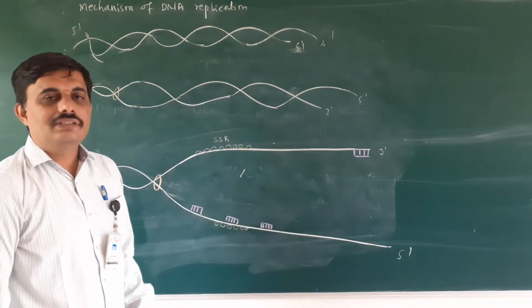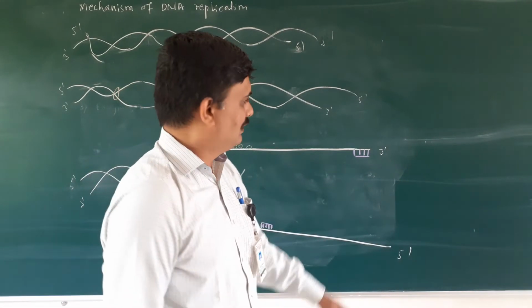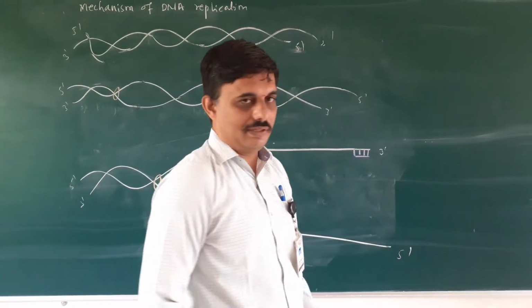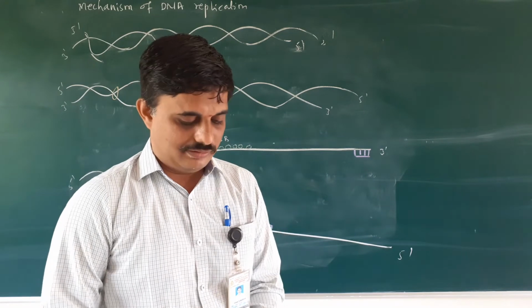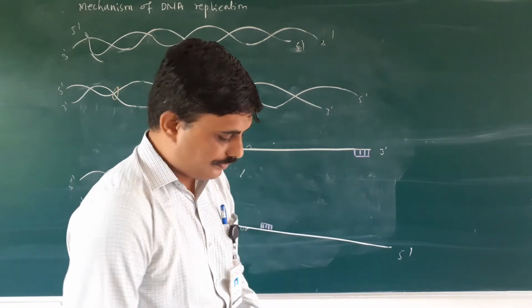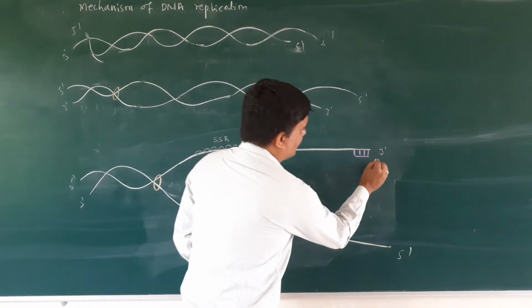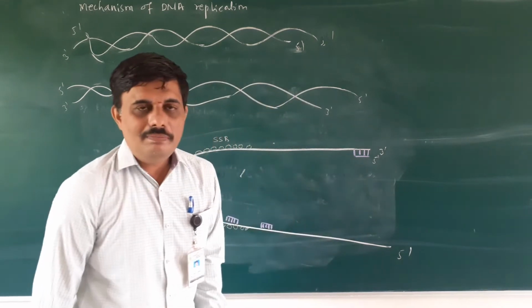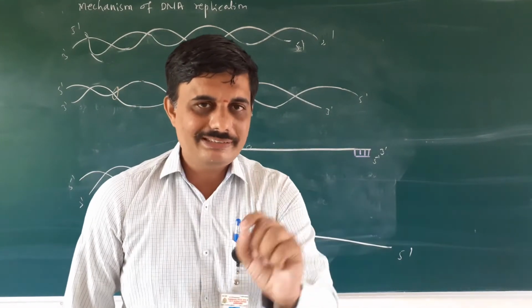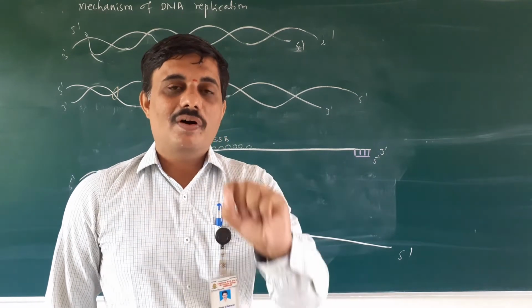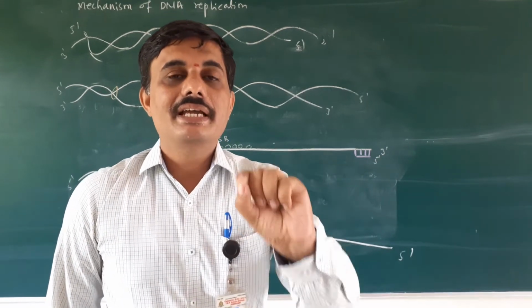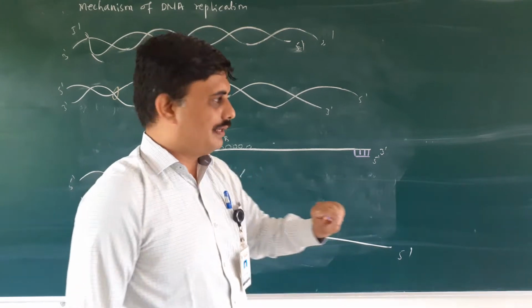They synthesize the short RNA primers at the 3 prime end of the DNA. DNA polymerase 3 is involved in the polymerization of DNA in the 5 prime to 3 prime direction.